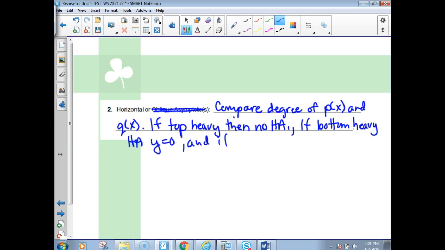And if equal weight, y equals lead coefficient over lead coefficient.